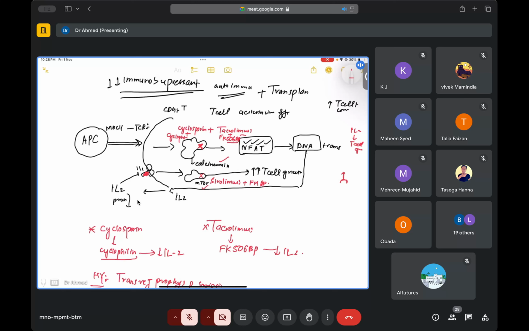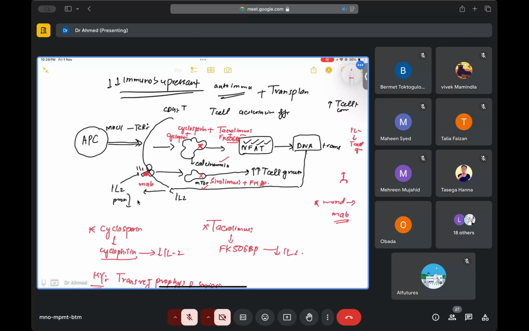So in order to block this receptor, I need an immunosuppressant, but that would be a monoclonal antibody, right? Because antibodies do that work very well. Whenever we talk about monoclonal antibodies, they are simply recombinant antibodies which target certain receptors and inhibit that receptor and the downstream effects. And whenever we have monoclonal antibodies, in the end you are going to see the suffix MAB. So here some MAB is used, but what's the name of that MAB?